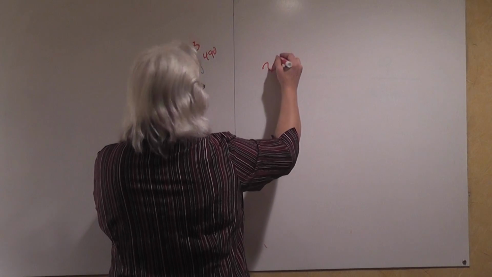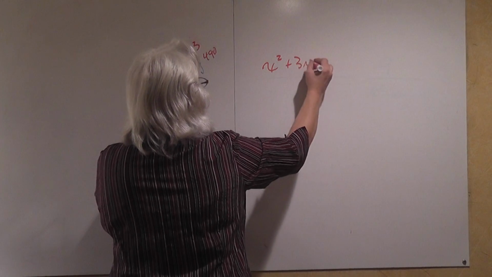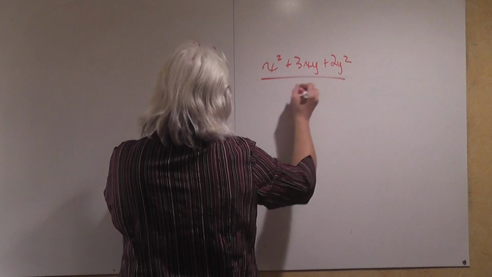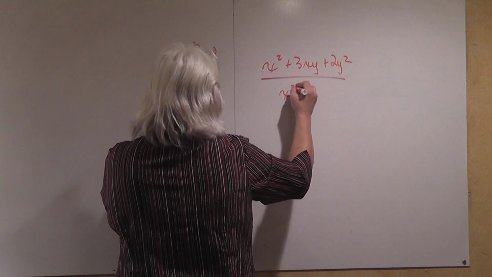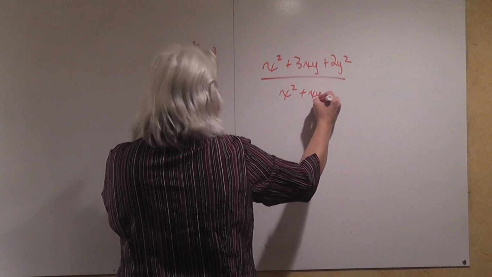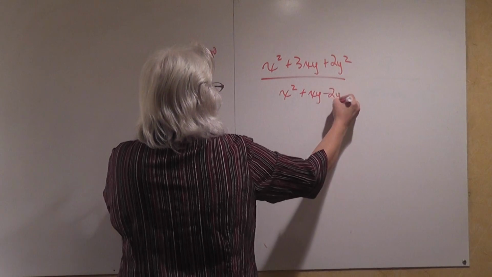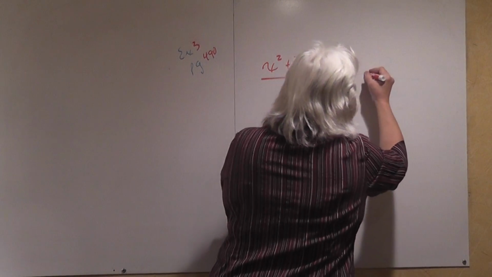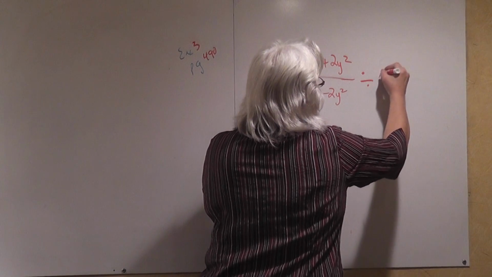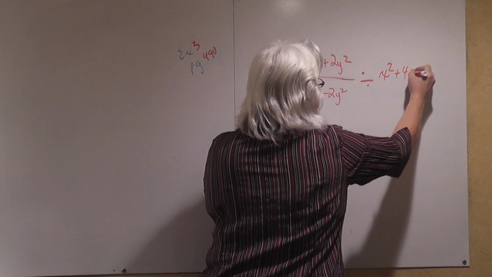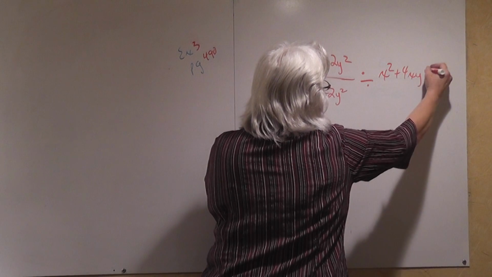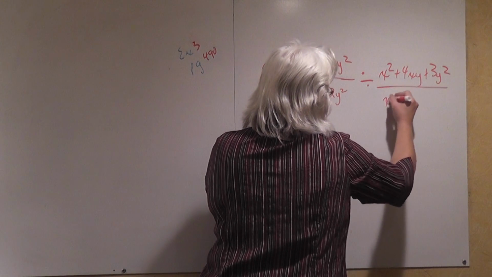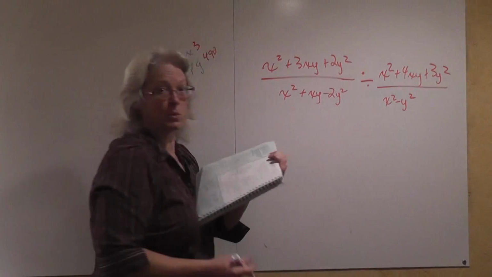We have x squared plus 3xy plus 2y squared, all of this divided by x squared plus xy minus 2y squared, divided by x squared plus 4xy plus 3y squared, all of this over x squared minus y squared.